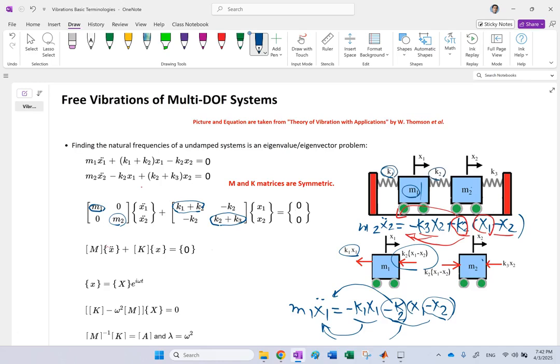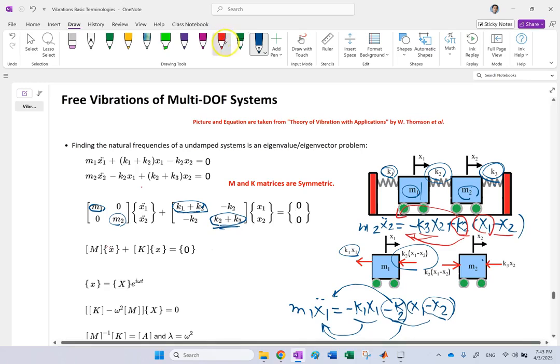And since they are on each side of it, they act like parallel springs, so you can add them together. Similarly, for M2, what springs are attached to it? K2 and K3. So you see K2 and K3 are on this diagonal. Good? So you see how to find the diagonals. The diagonal is the sum of the spring constants of the springs attached to it. Good? Now, what about the off diagonal?